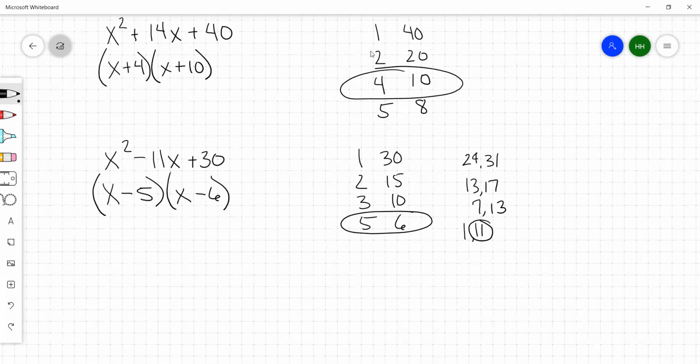All right, because the two numbers have to be combined. I say combined because you can add them or you can subtract them. If you take -5 minus 6, you get -11. -5 times -6 is +30. These two numbers have to multiply to equal the +30, and then these two numbers have to be combined to equal the -11.